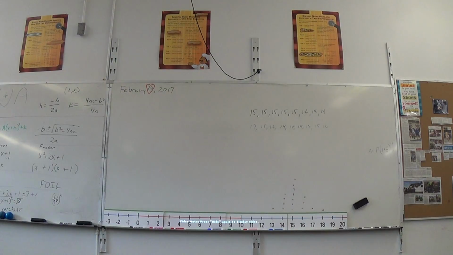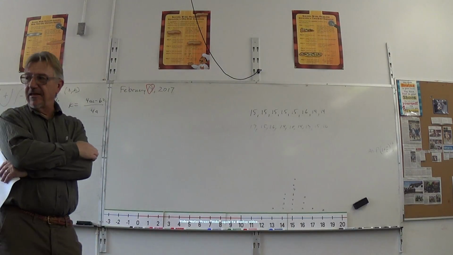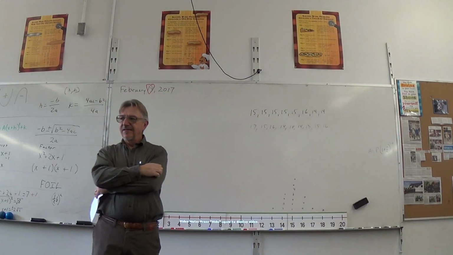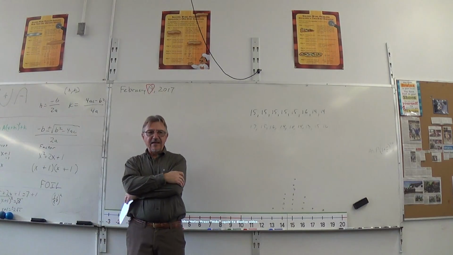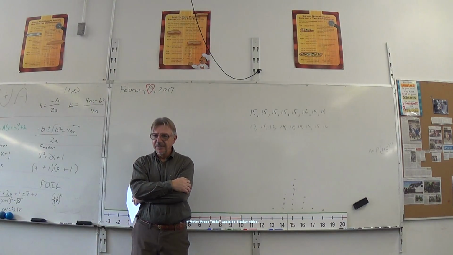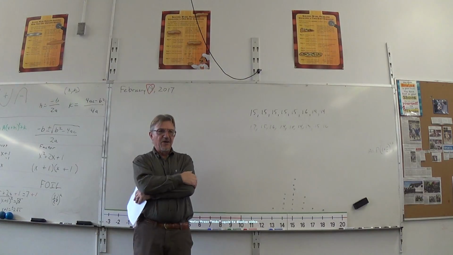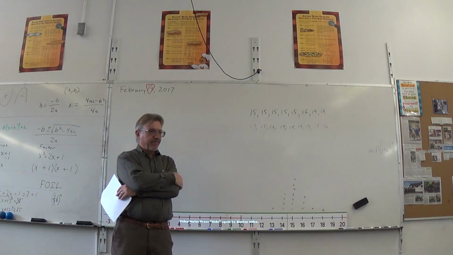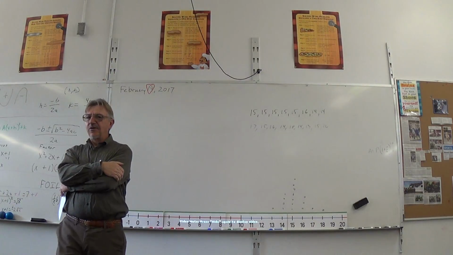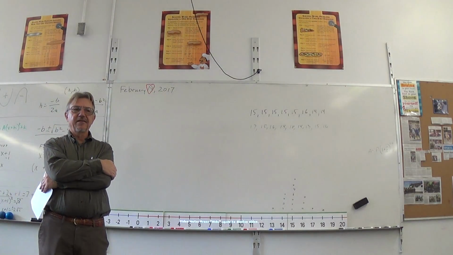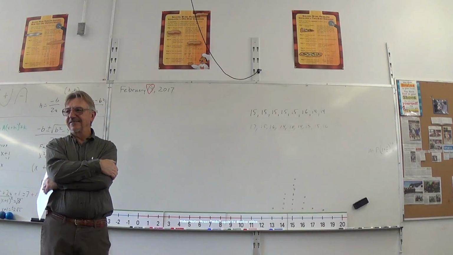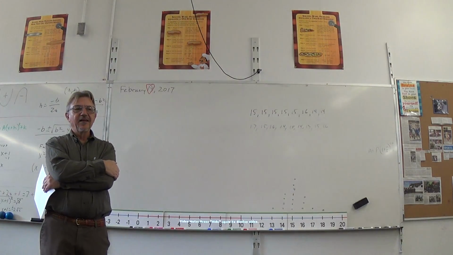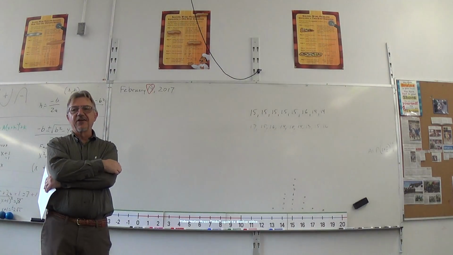It's 42.3. No, I don't have my... the mode is all the numbers divided by how many? That's the mean. I don't know. Mode is 15. The mode is the one that occurs the most? Yes. Oh, yeah, 15. Okay, the mode is the one that occurs the most.